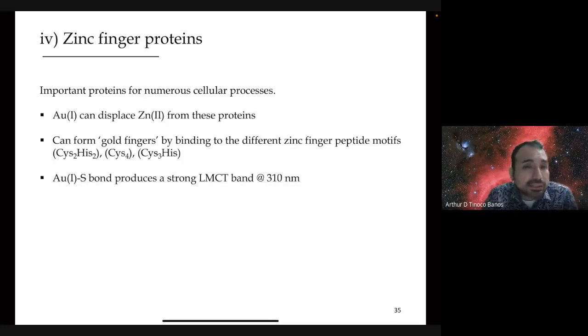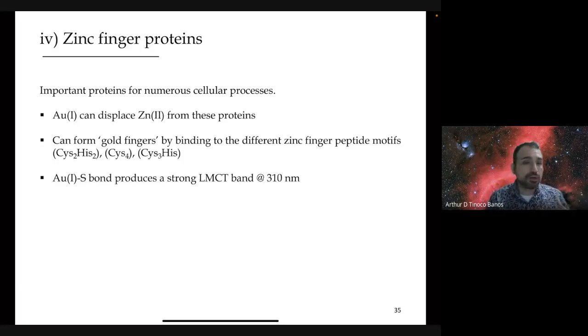Gold also has a capacity of interacting with the zinc finger proteins, and we have seen this type of effect when we talked about platinum-2. As I previously mentioned, zinc finger proteins are very important proteins participating in a number of cellular processes. In this context, the gold can displace the zinc from these proteins.